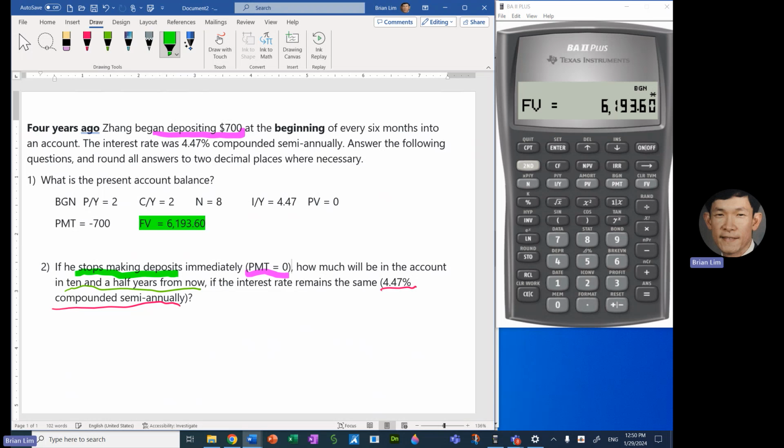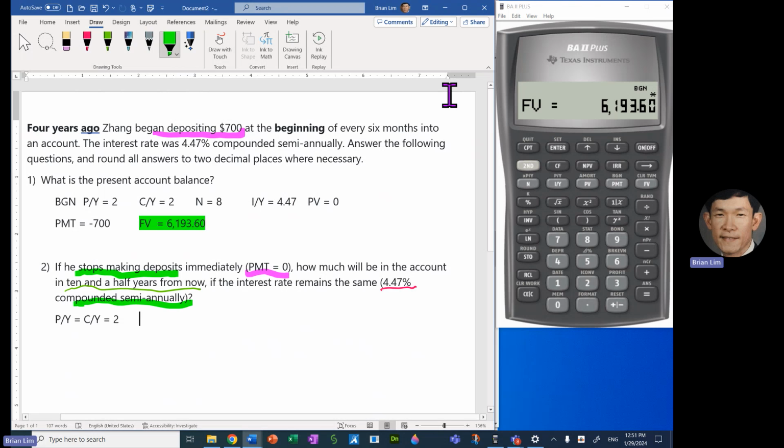So that's why PMT is 0. So now this becomes a compound interest question, and for compound interest we know that PY is equal to CY, which in this case is 2, coming from right down here, compounded semi-annually, correct?